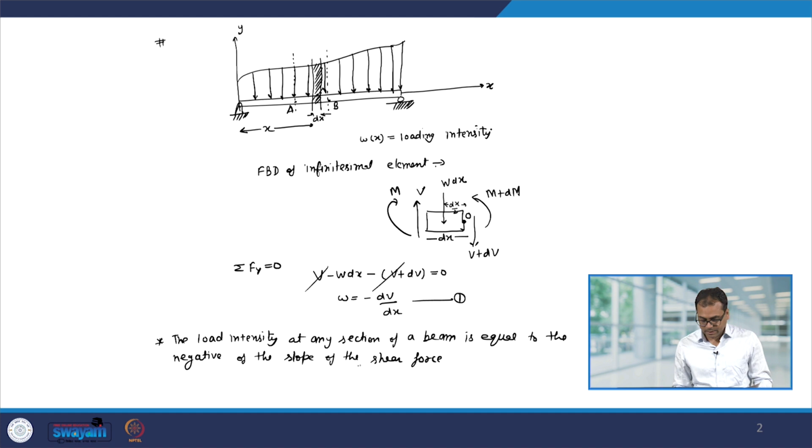So, we have dV by dx. So, it is the slope of the shear force diagram at that section.